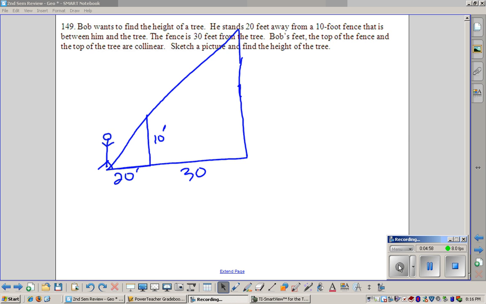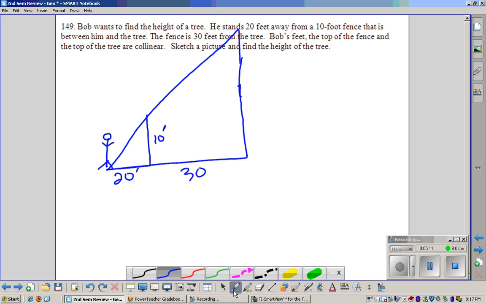Okay, so what I think made this problem a little bit confusing is it said that from the bottom of his feet to the top of the fence to the top of the tree are collinear. And so finally I think we have the picture. And so that was the hardest part. So now these triangles are similar, the little one and the entire thing.